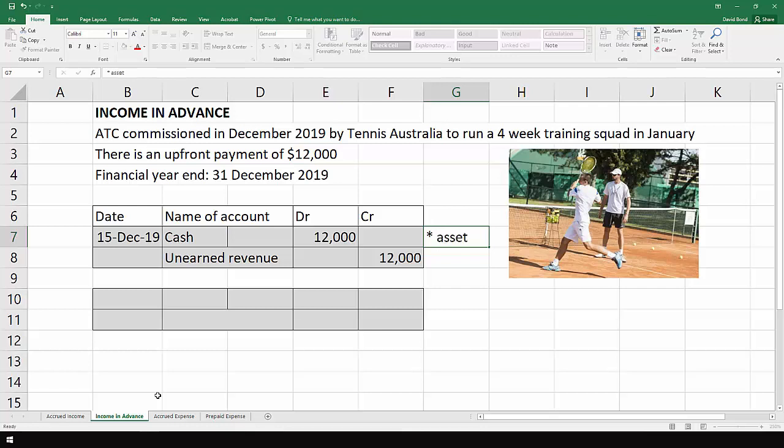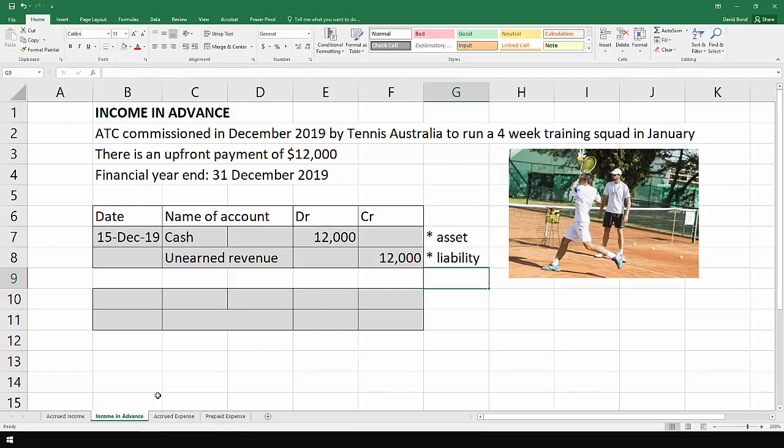Cash is an asset. Unearned revenue is a liability. So we have cash going up on the left-hand side, liabilities going up on the right-hand side. And this liability is showing that ATC owes performance of a service. They owe $12,000 worth of service at some future point in time, or if they can't provide that service, they have to refund that money.